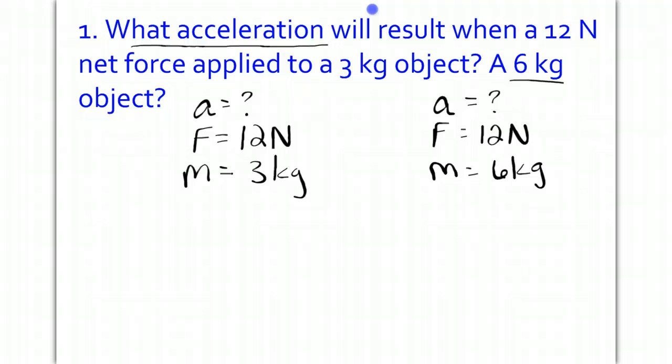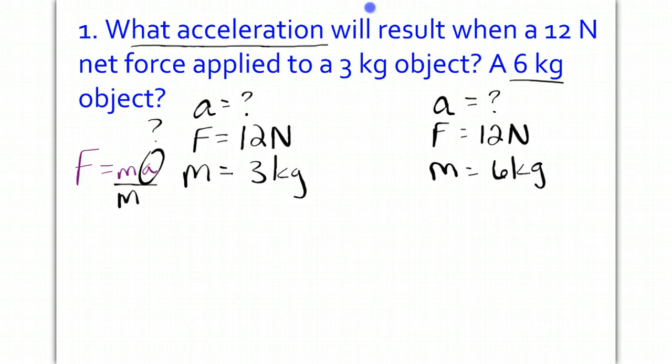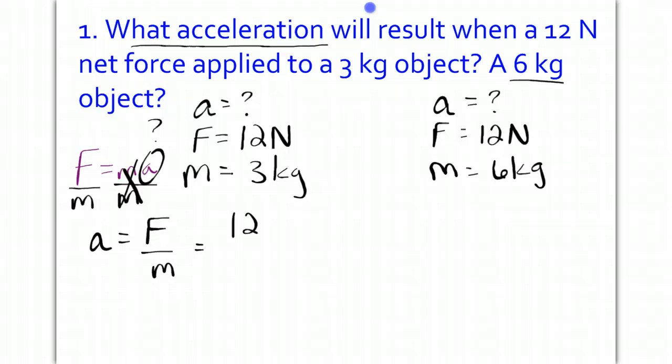Because my equation, as it stands, is force equals mass times acceleration, but I'm trying to solve for the acceleration, I'm going to rearrange the equation by dividing both sides by mass. This way mass will cancel, and so acceleration is equal to the force divided by the mass. And so I'll take 12 newtons divided by 3 kilograms.